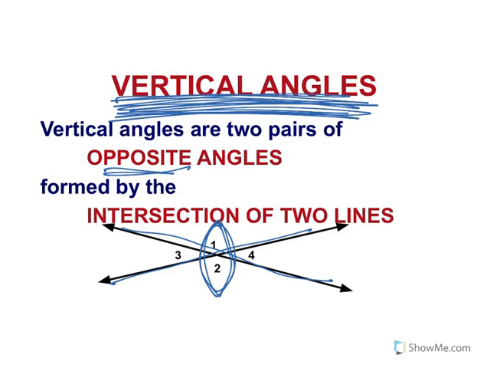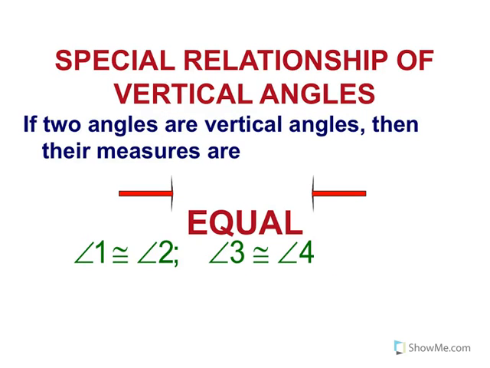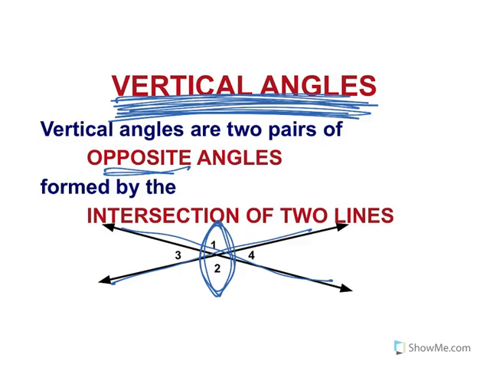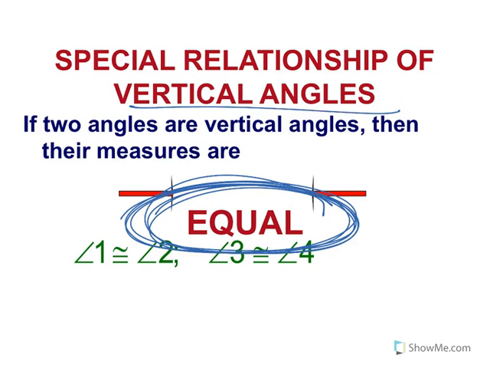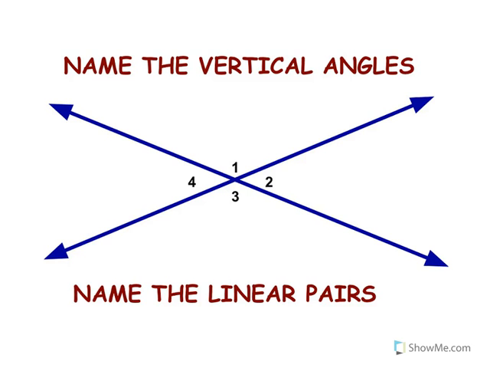Huge, huge, huge vocabulary that if you know that they're vertical angles and you know that they're equal, it helps you when we start looking at triangles and quadrilaterals and stuff. Okay? So make sure that you have written down this and that you have written down this. Okay? They are equal. Vertical angles are always equal.